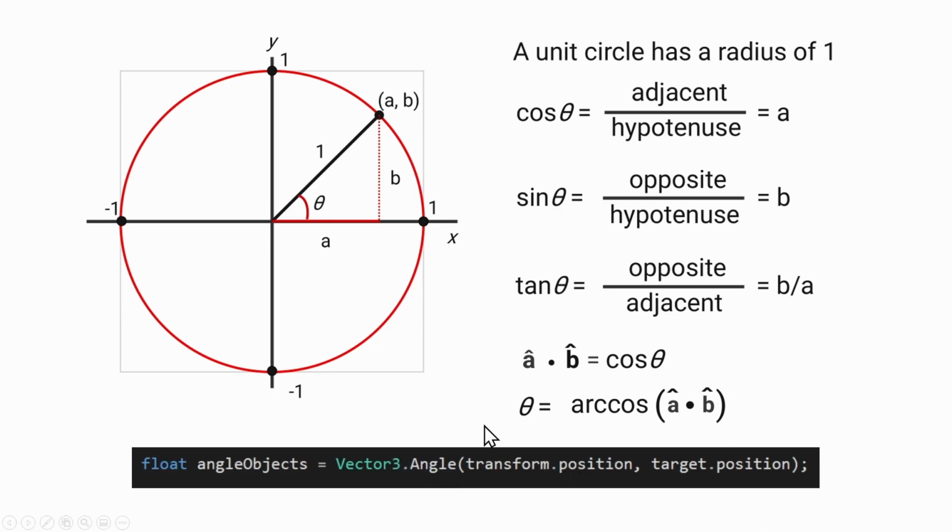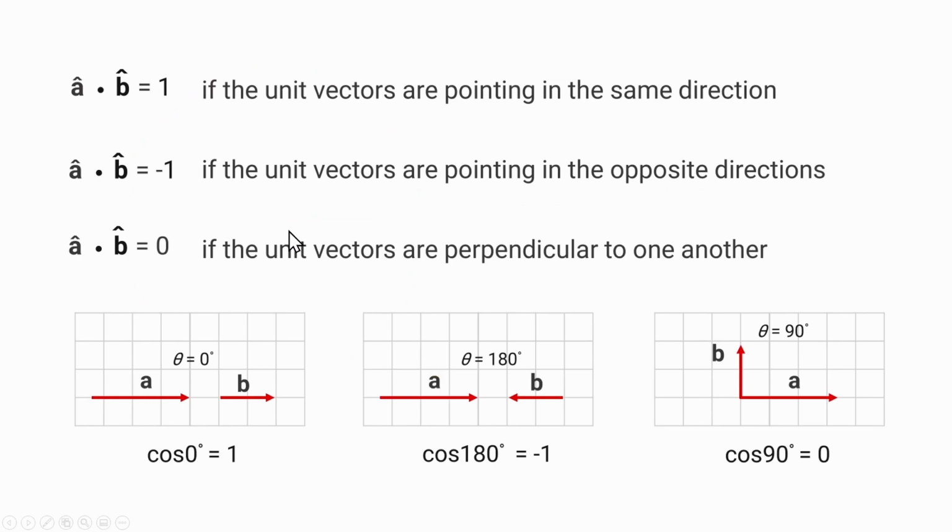It's called Angle. So this is really great, because we can use this to figure out what this angle is, and even more so, just knowing what the dot product is will already give us a ton of information. You see, this is what you can read just from the dot product. So if a dot product is exactly 1, the unit vectors will be pointing in the same direction.